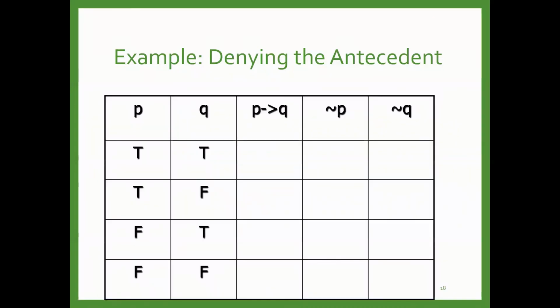So we have our P's and Q's, and again, we set them up in our standard fashion with true, true, false, false in the P column, true, false in the Q column. And now we go through and we fill out the premises. If P then Q is our first premise, and if P and Q are both true, that's true.